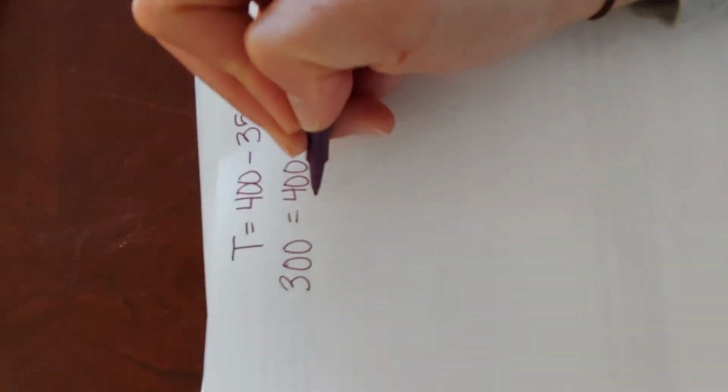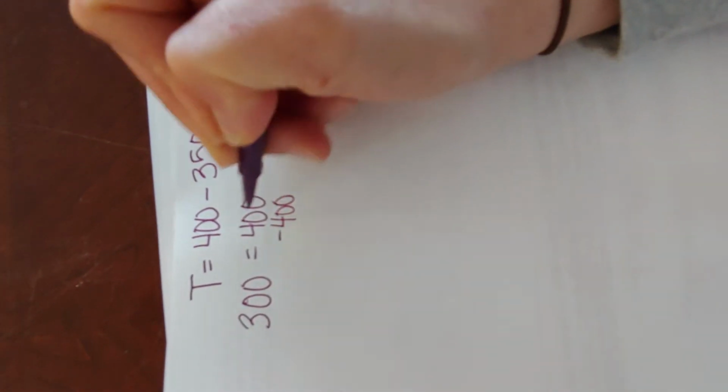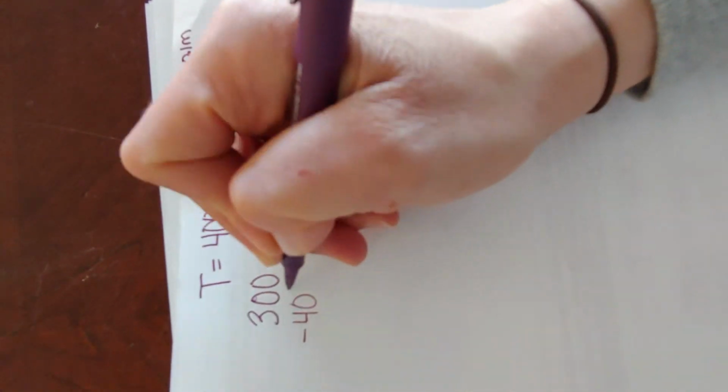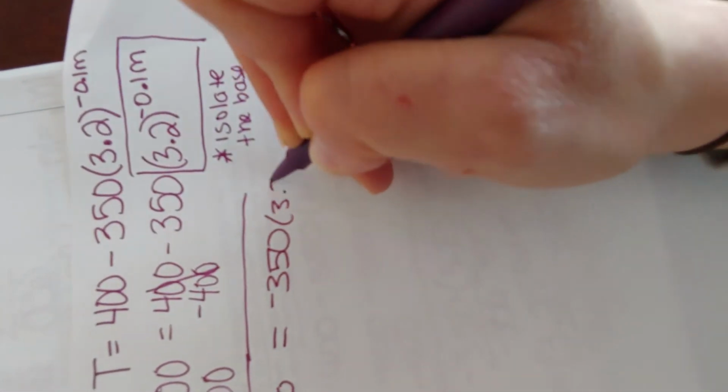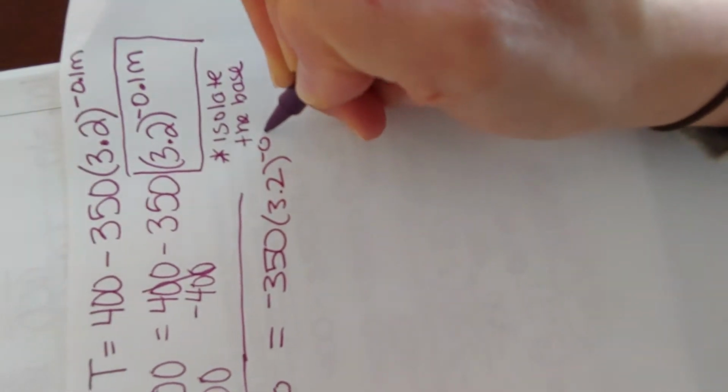So I am going to subtract the 400 first. All right. So I get negative 100 is equal to negative 350 times 3.2 raised to the negative 0.1 m.